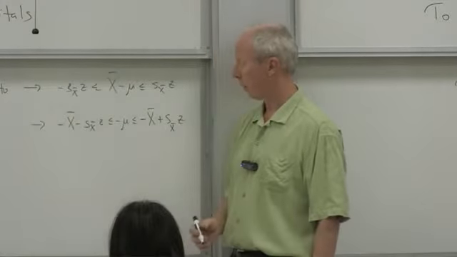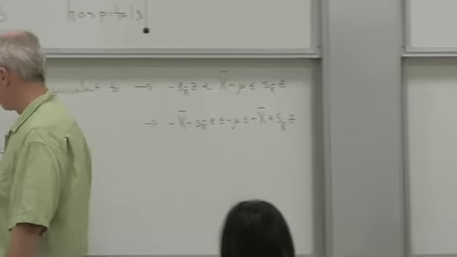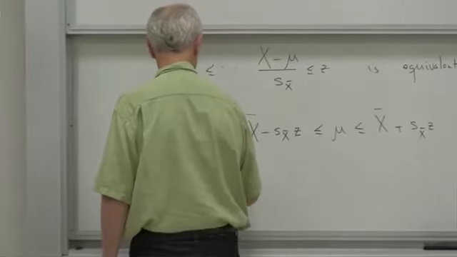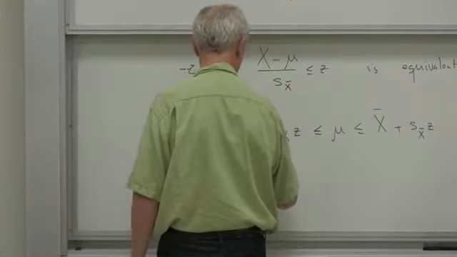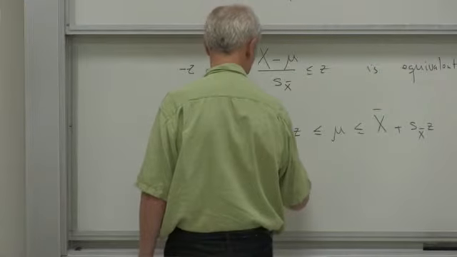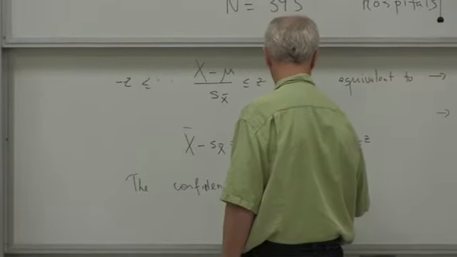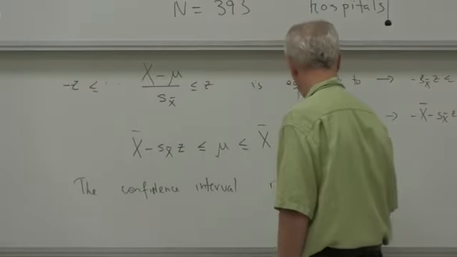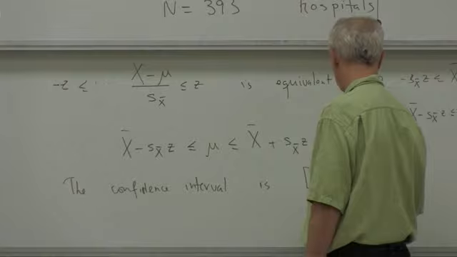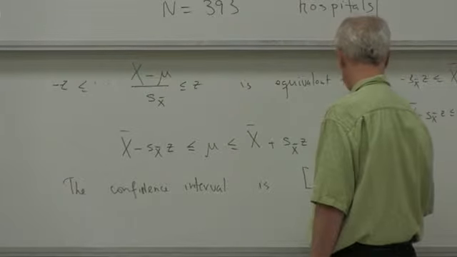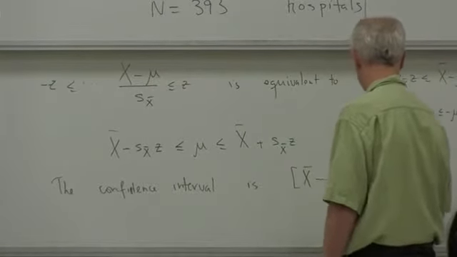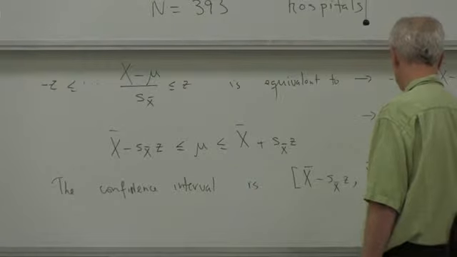Okay. So the confidence interval becomes x bar minus standard error times z, x bar plus standard error times z.